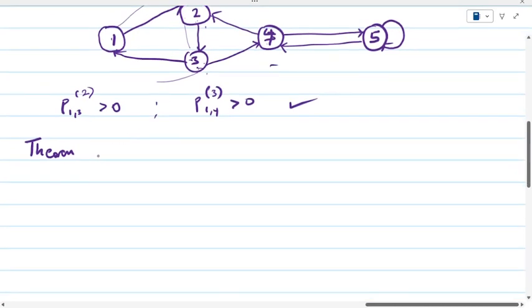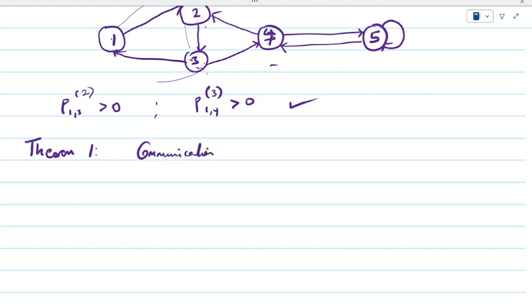So the communication is an equivalence relation, and they possess 3 properties. Number 1, we have reflexivity.